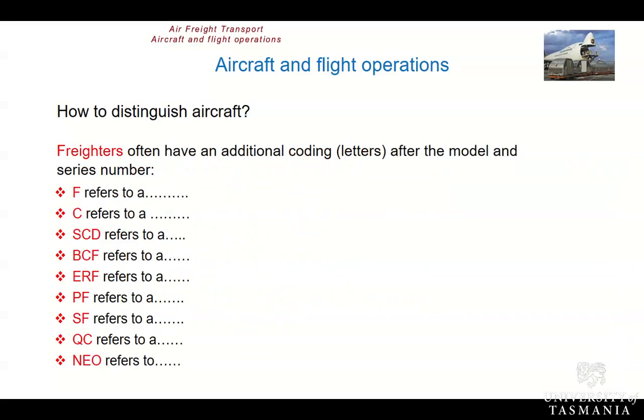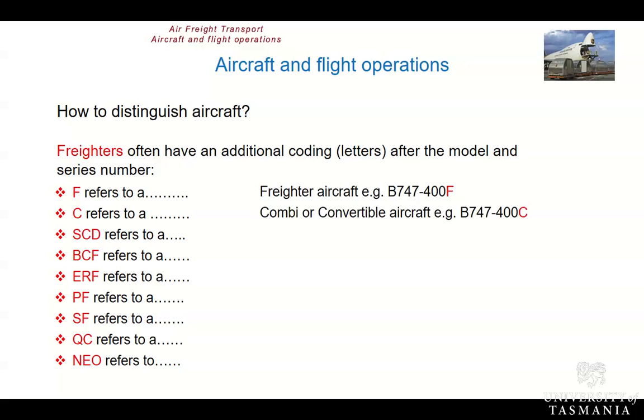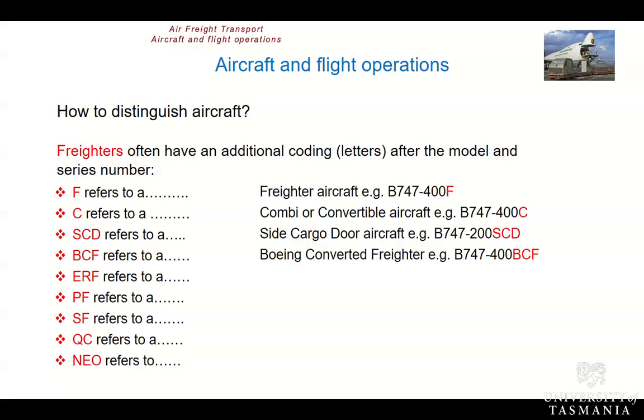Now, all freighters are going to have some additional coding letters at the end of that series number. And those code letters you can see there. F, for example, I guess that's pretty self-explanatory. That's going to be for freighter. C is for combi convertible. SCD is side cargo door.